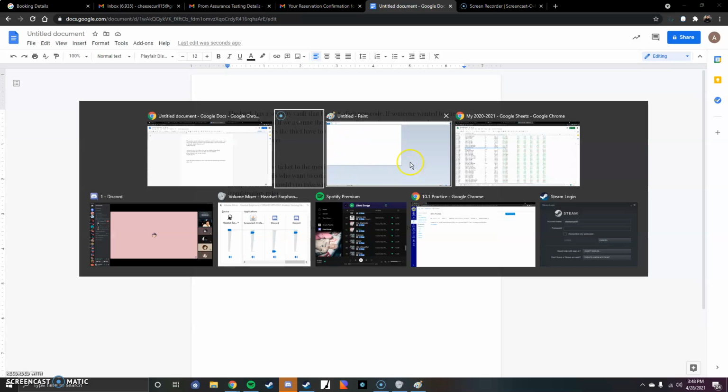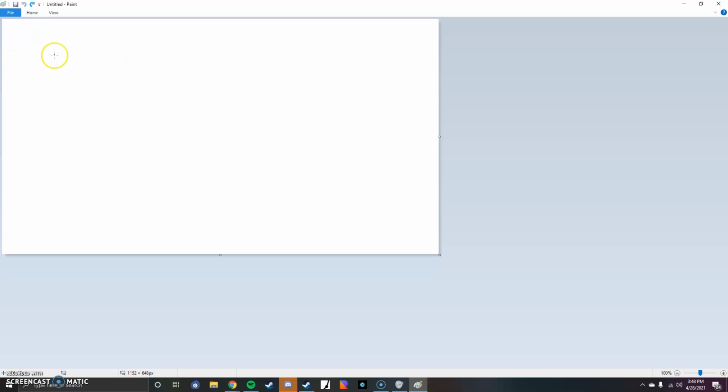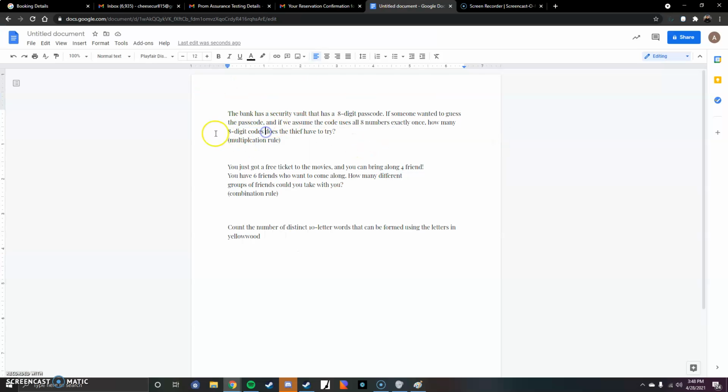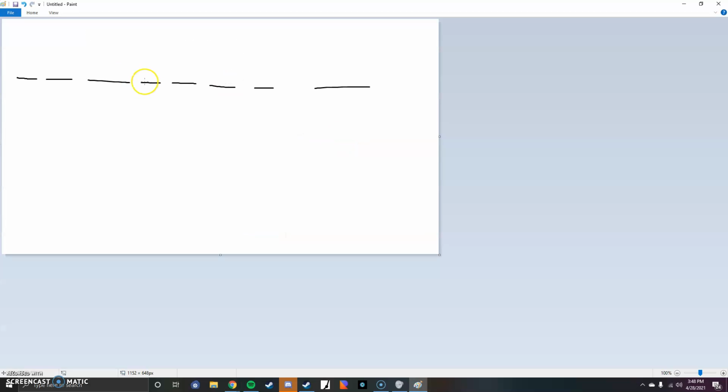So, with that, we're going to start off with 8, the number of times the thief can press. So 1, 2, 3, 4, 5, 6, 7, 8, because it says right here, 8-digit codes. And that's the amount of numbers the thief would have to press to get into the vault.